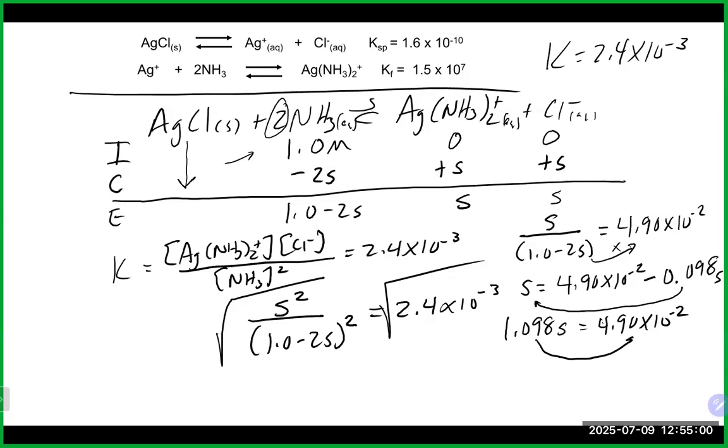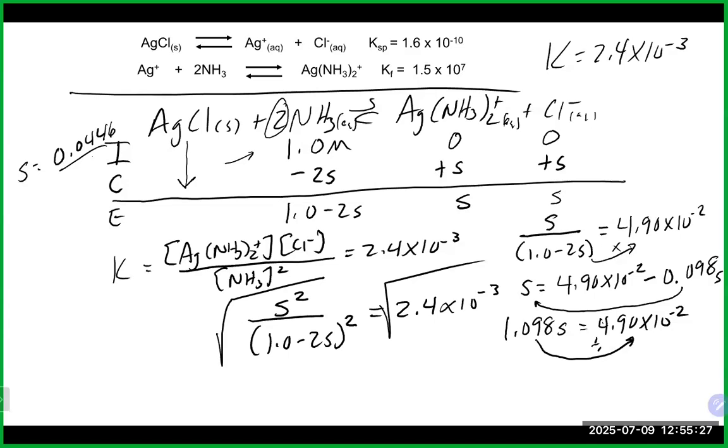Obviously here dividing now to the other side, that will get us here a molar solubility, I'll just go up here, of 0.0446. And that would be the molar solubility of silver chloride in ammonia.